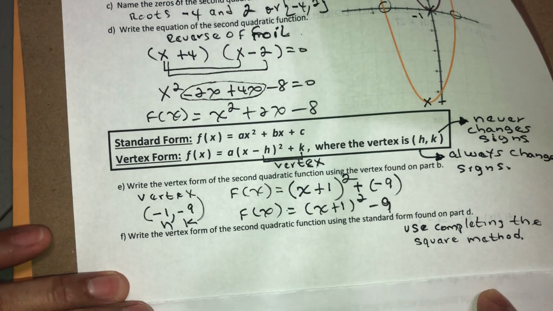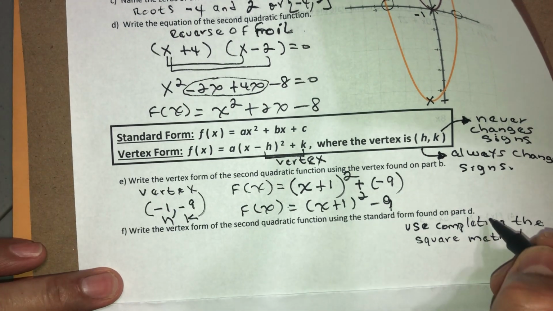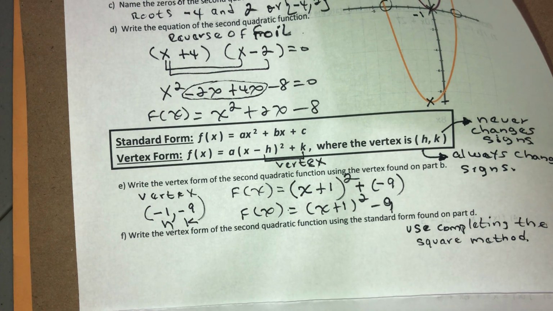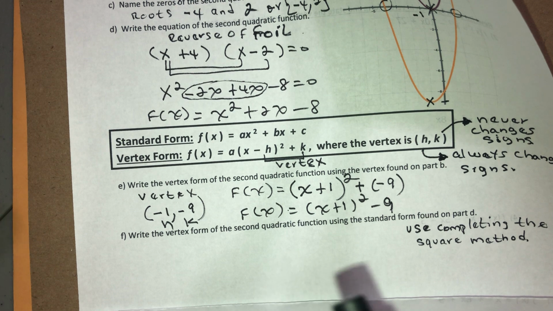Okay, you have to use the completing the square method. So every time they give you the standard form and they want you to convert that to vertex form, it's like when I give you the equation of a line in standard form and I say write the slope intercept form. It's the same thing.